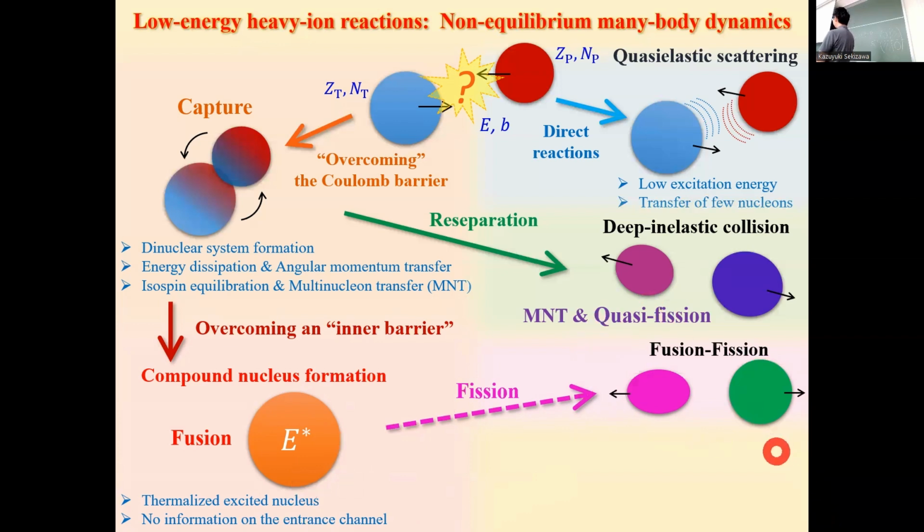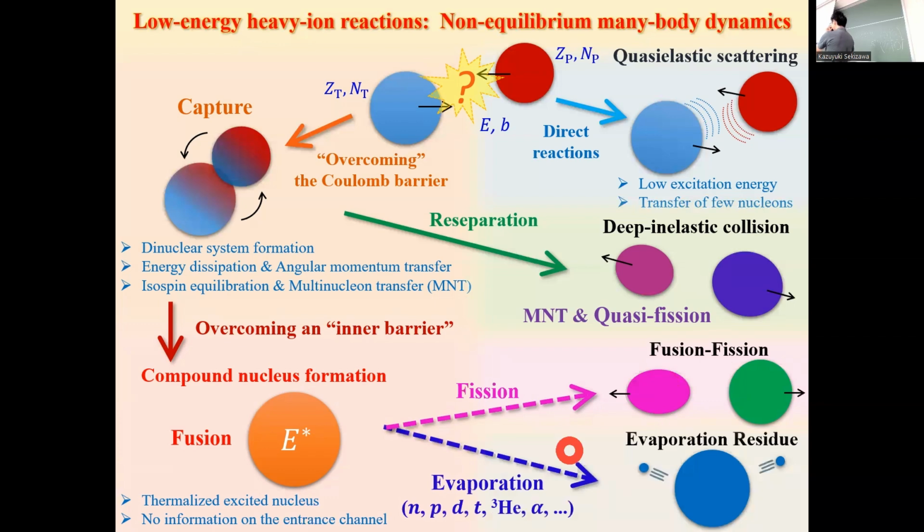The point is, in the quasi-fission process, we still have information of the entrance channel, the colliding nuclei, but after compound nucleus formation, we lose this information. So it is called the fusion-fission process, distinct from quasi-fission.